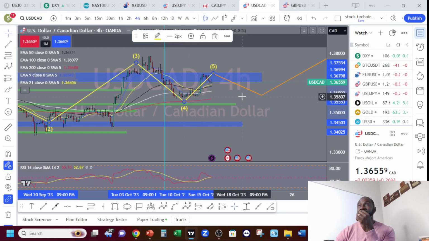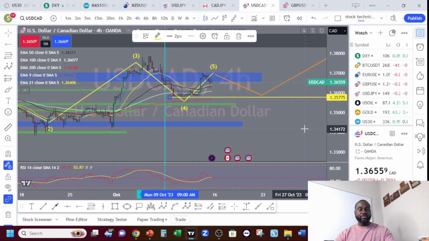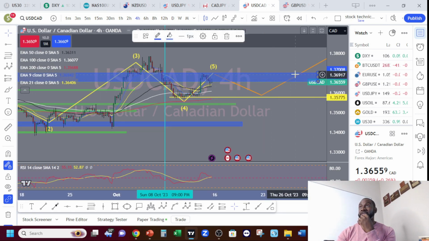Let me do this so you can see that level. That's what we were expecting price to do next week, to come to that level and then continue to go up, break that resistance and get to that consolidation resistance. That's what we expected.